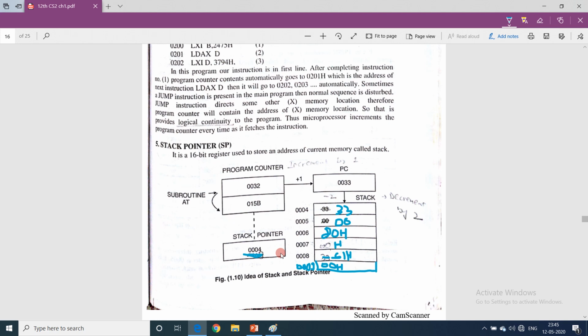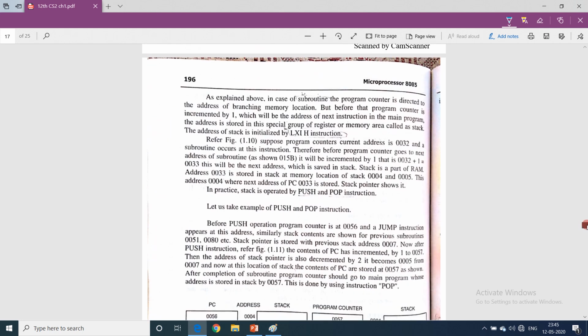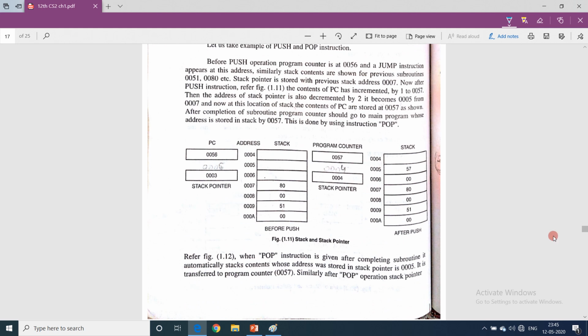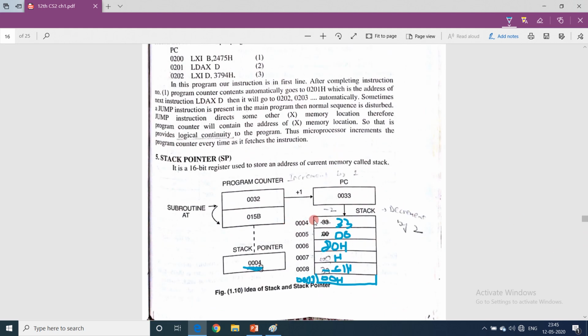The stack pointer is also a 16-bit register, and the rest of the details you can check from the video. Do make sure you do these corrections. Here also you have to make a few changes. One more thing I want to explain: stack is a memory, it's not a register.